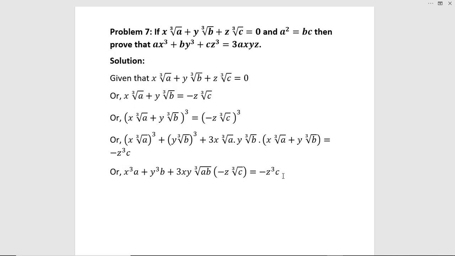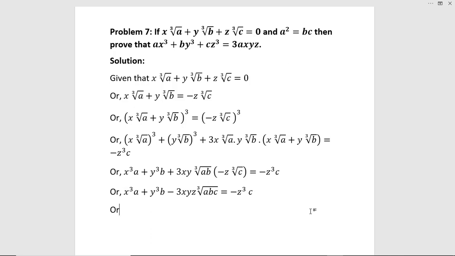So now we are almost there. x cube root of a plus y cube root b, multiplied by minus z, so 3xyz and cube root of abc, equal to minus z cube c.